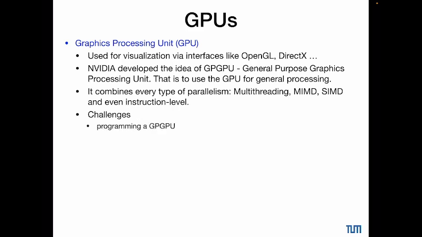Good. The challenges are, first of all, you have to program the GPGPU, and this is not standard programming. There's a special programming paradigm for the GPGPUs. You have to learn it and write your programs accordingly. You cannot just take a program, compile and run. That's not possible. You have to rewrite it. Second, you have to coordinate the scheduling of computation on the system processor with the GPU. The GPU is an accelerator.